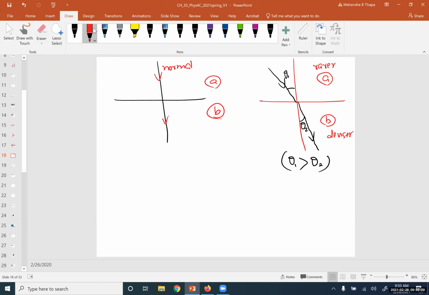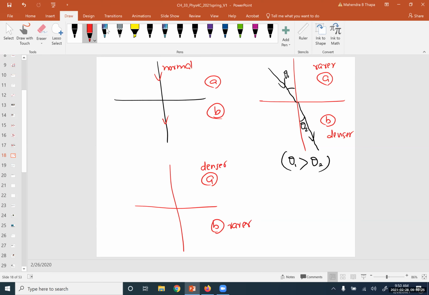Let's take the other example. So this is medium A, a denser medium, and this medium B is a rarer medium.